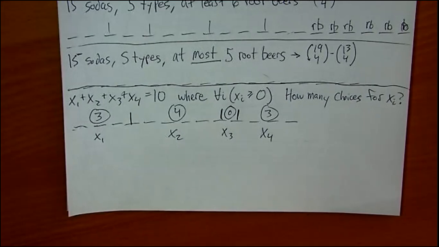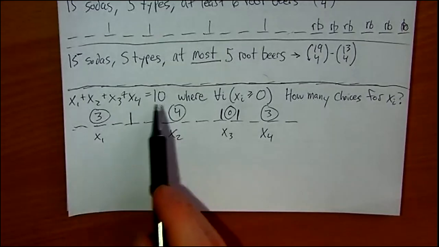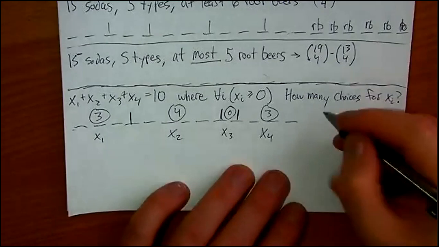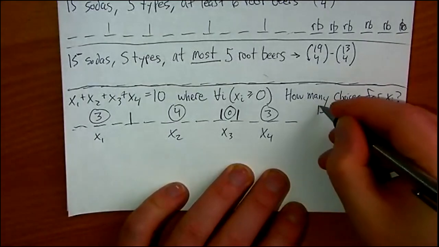Close, very close, Amber. Not 12 choose 10, but remember we have 10 units and 3 dividers. Yep, so 13 choose 10. Very good. You're really close. 13 choose 10.